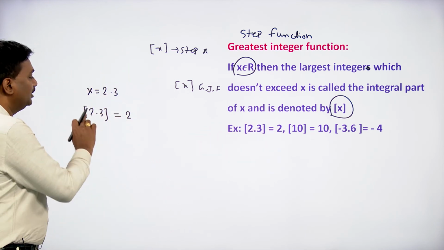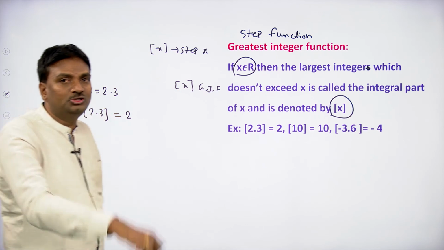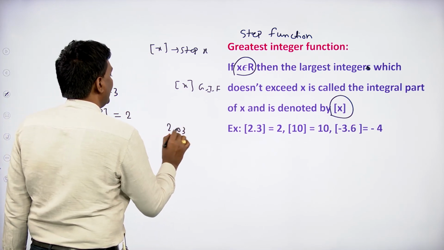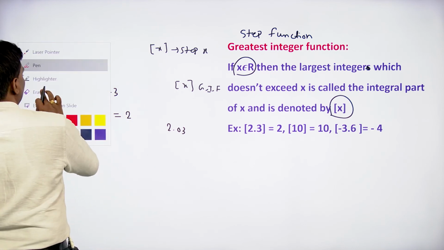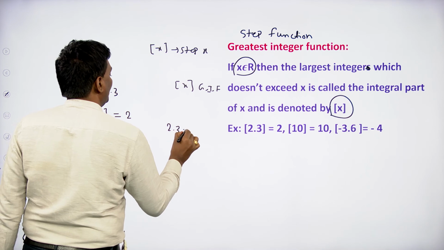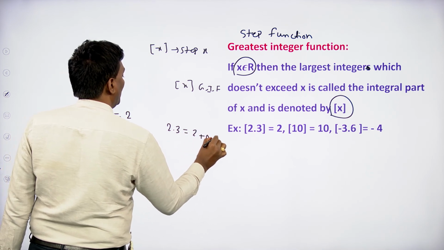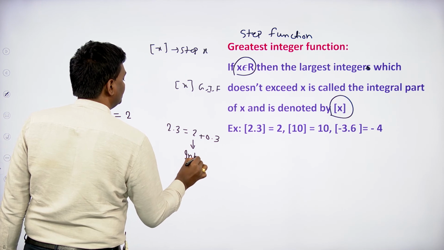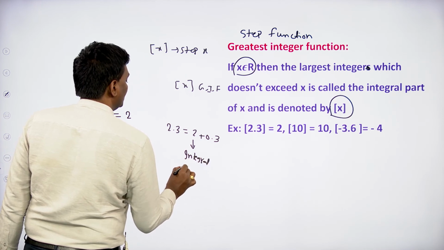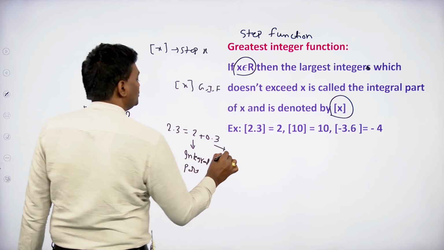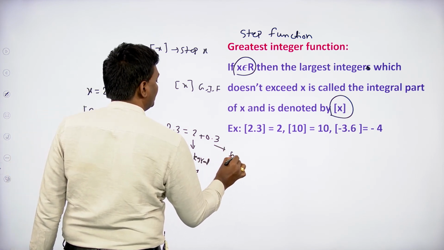Here, 2.3 means 2 plus 0.3. In 2.3, not 2.03, we can write this as 2 plus 0.3. So this 2 is known as the integral part, and the 0.3 is known as the fractional part.